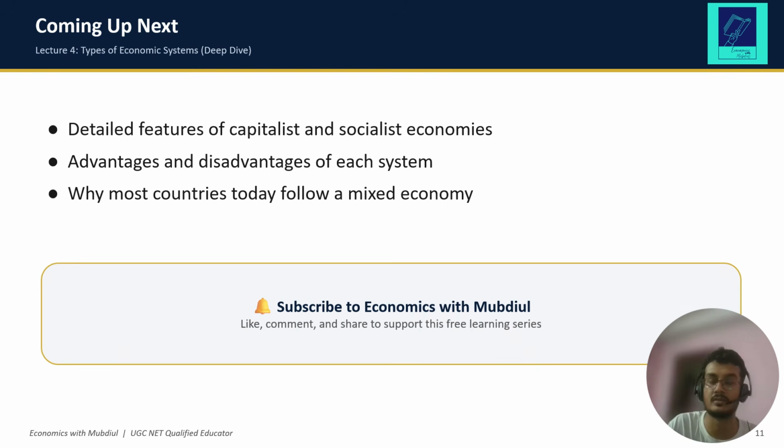Why don't all countries follow it? If socialism promotes equality, why do not all countries adopt it? And finally, why do most modern economies, including India, follow some form of mixed economy? We will answer all these questions in our next lecture, so don't miss it.